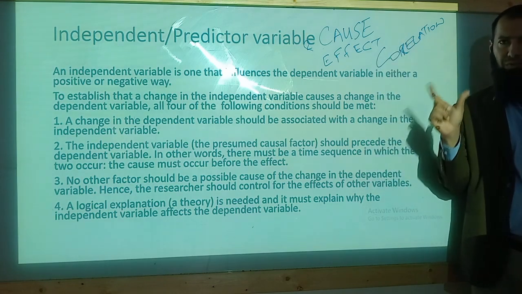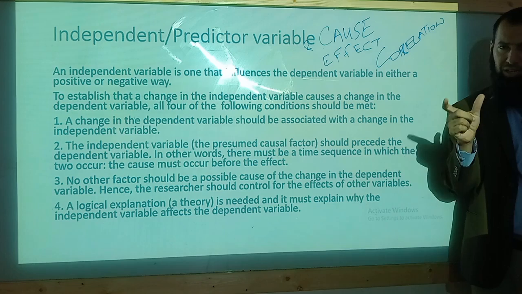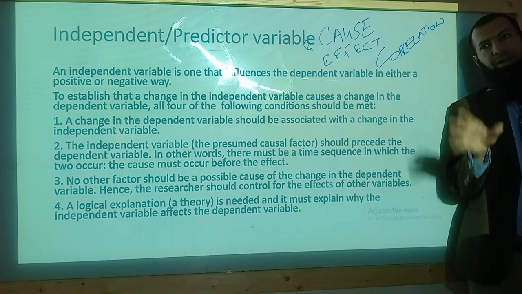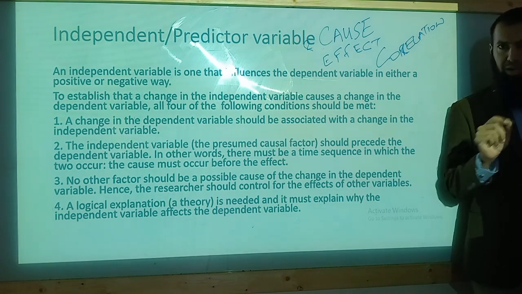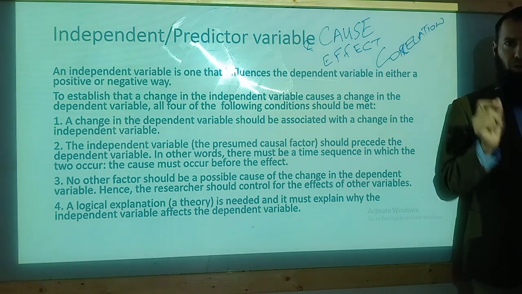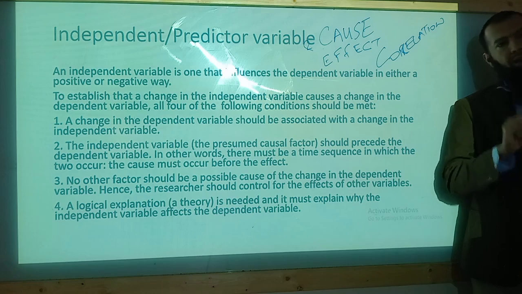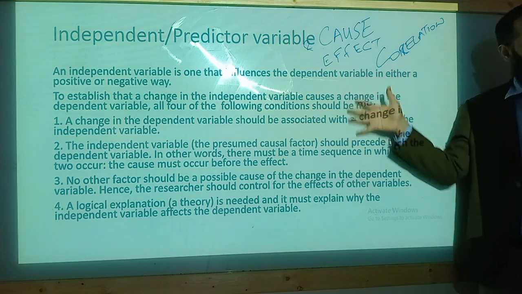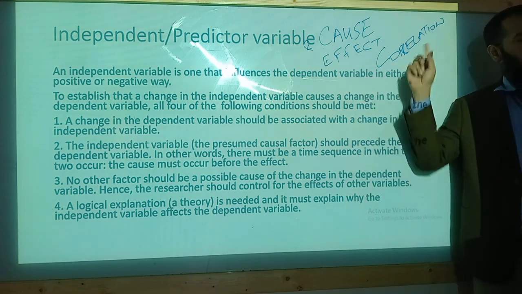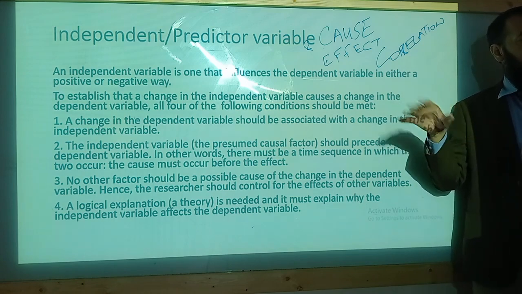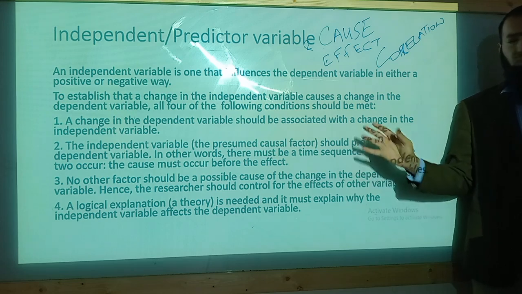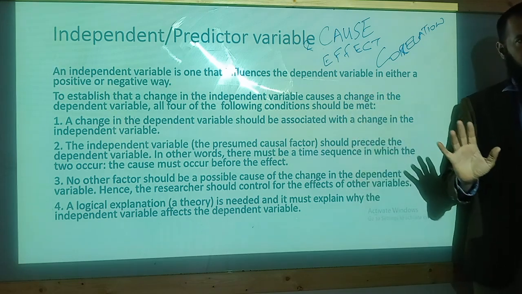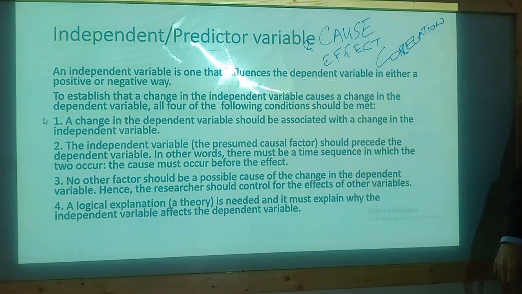A causal relationship is the one in which there is a true independent and dependent relationship. Very important point I am telling you. So these 4 points are for that. In the correlational, the one which we were talking about before, there is no need for all the 4 to be true. Okay? Got it?